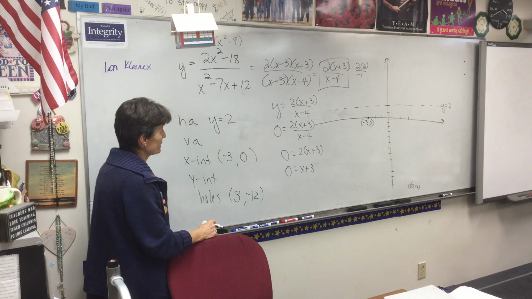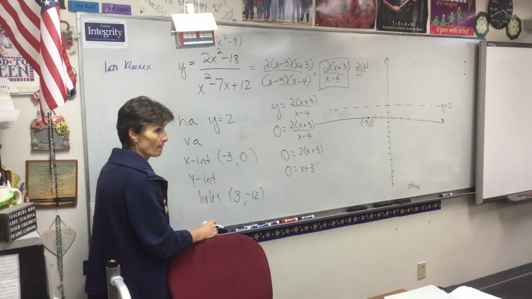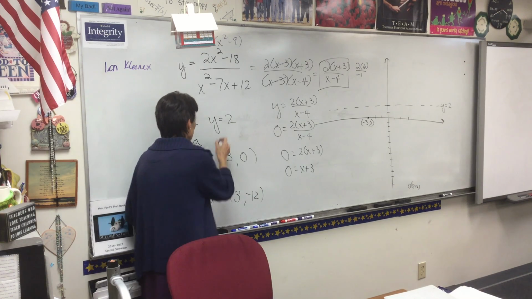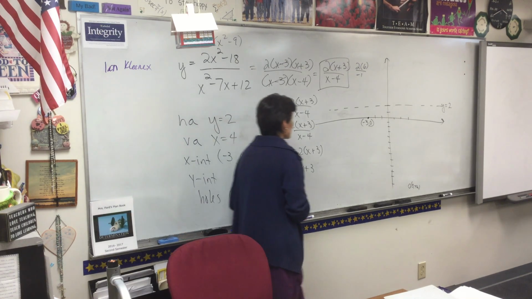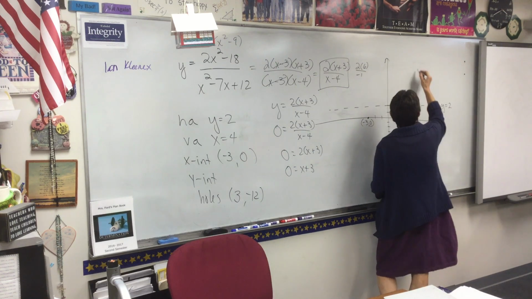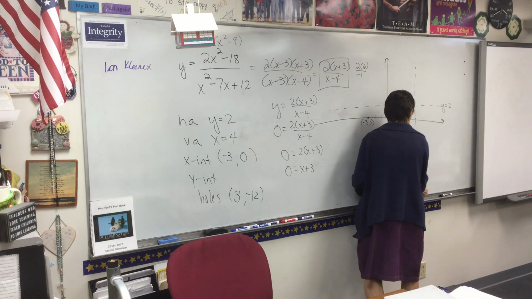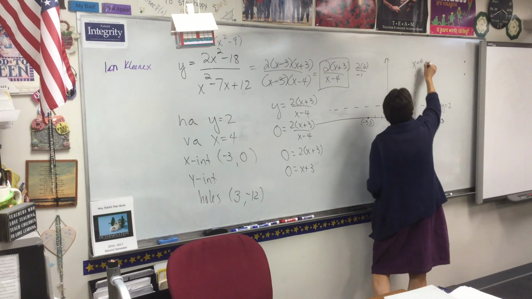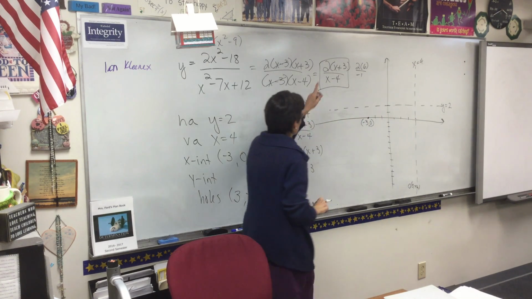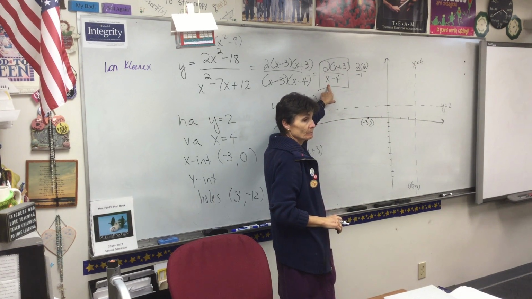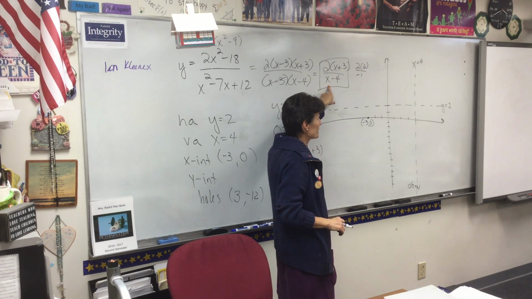All right, what else do we need here? Vertical asymptote is x equals 4, because x can't be 4. Vertical asymptotes come from the denominator being 0.